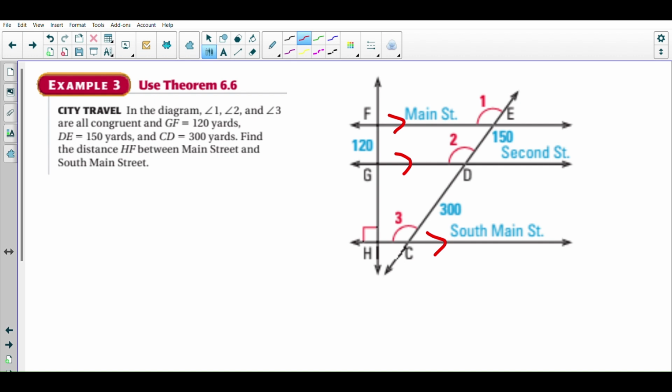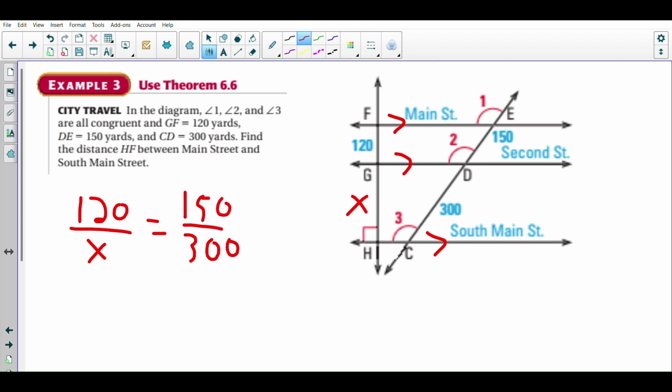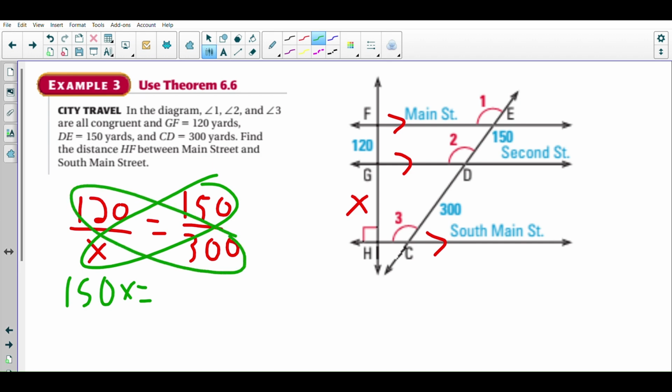We first need to find GH, and that's pretty easy. We say 120 over x is equal to 150 over 300. We could see a little bit of proportionality here, but we're still going to practice proportions. So I'm going to cross multiply. 150x is equal to 120 times 300, which gives us 36,000.